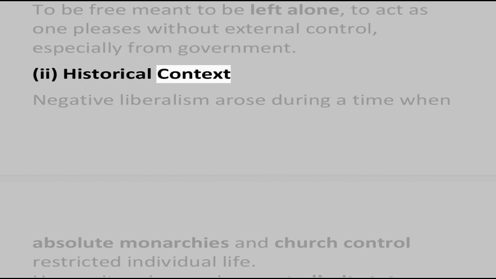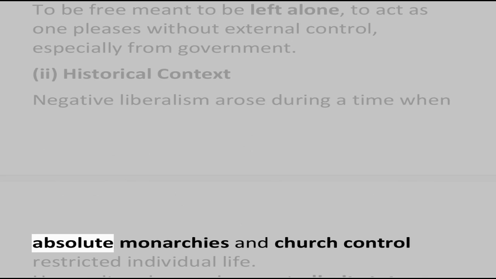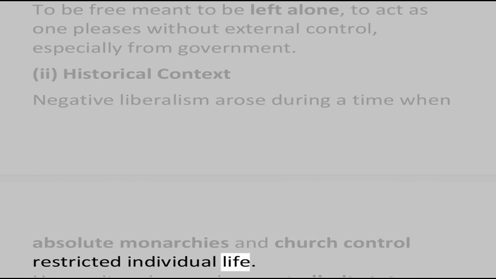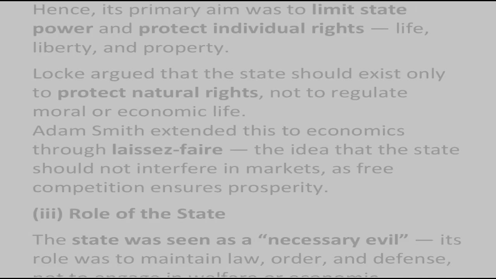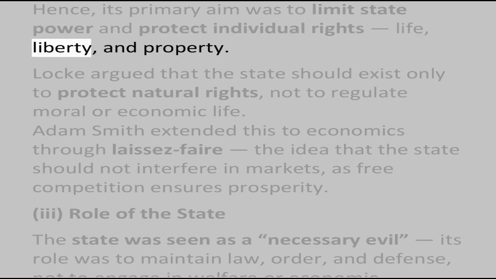2. Historical context. Negative liberalism arose during a time when absolute monarchies and church control restricted individual life. Hence, its primary aim was to limit state power and protect individual rights: life, liberty, and property.